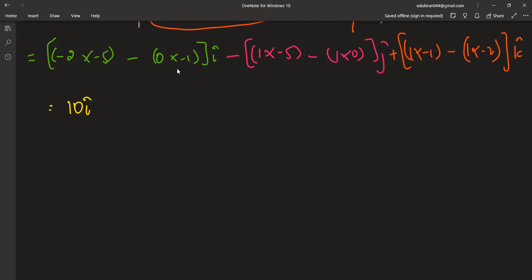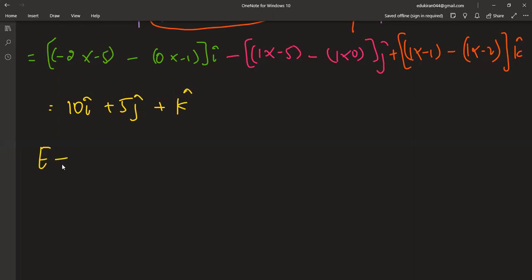Then minus j cap, so minus 5 j cap means plus 5 j cap. 1 into minus 1 is minus 1, minus 1 into minus 2 is plus 2. So minus 1 plus 2, 1. That is k cap. This is just V cross B.